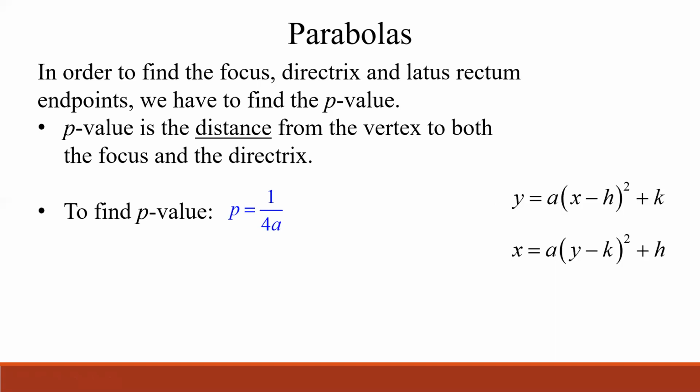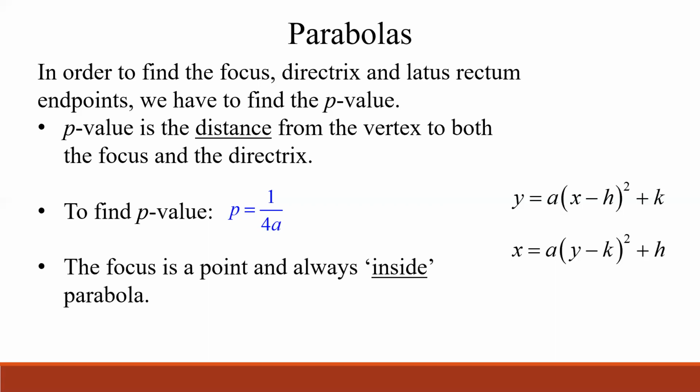That's it. Okay, now in full disclosure, a lot of times a might be a fraction itself. So we have a fraction inside of a fraction, but you should be okay with doing that by now. Okay. Two points to remember also. The focus is a point, and it's always going to be inside of the parabola.